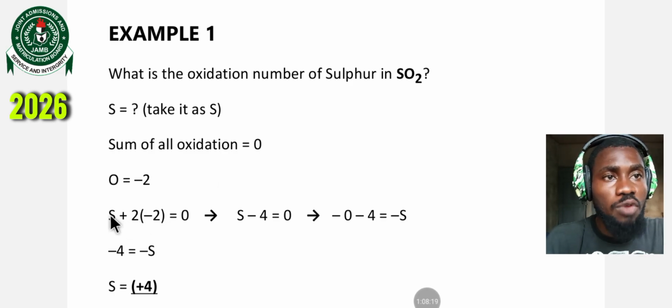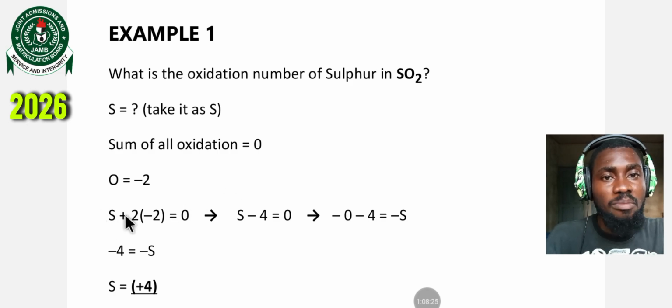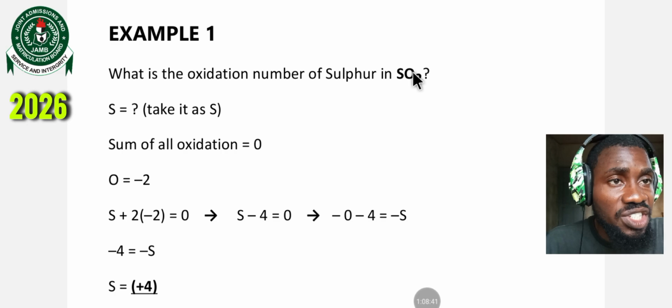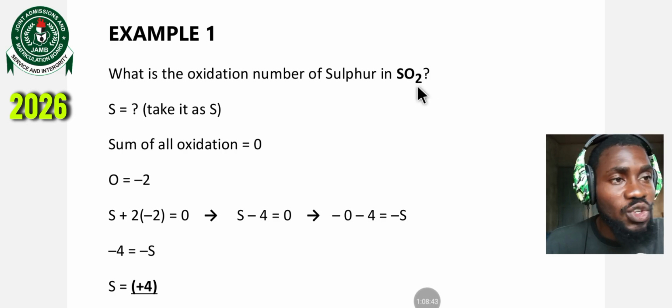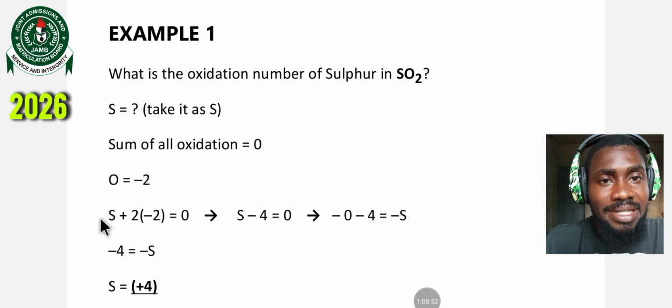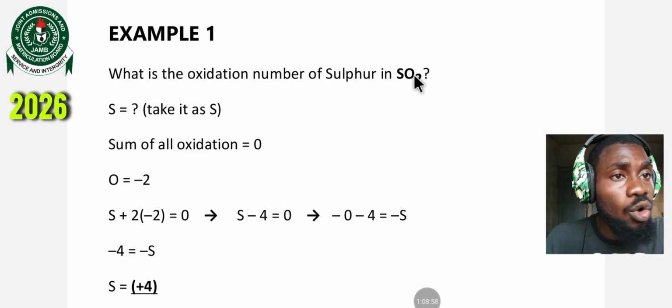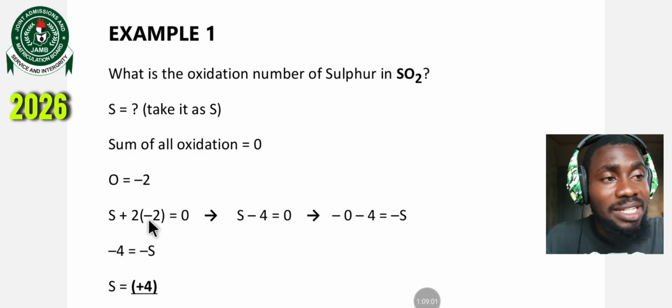So since we are looking for S, which is sulfur, and sulfur is the first thing there, we start with S. So S plus 2. Why is it plus 2? Remember, the number of oxygen here is 2, and 2 is also known as plus 2. So S plus 2, bracket open, because we are going to multiply it by the charge of oxygen.